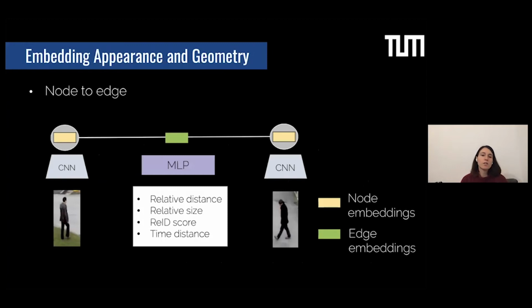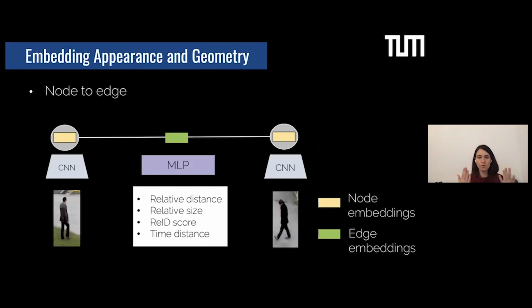So just to briefly talk about what kind of information we put into these embeddings initially, that then, of course, is going to be propagated. As we said, the bounding boxes are going to be encoded by a CNN. So we're going to have image information in there. And the edges, of course, represent connections between bounding boxes. So we want to have some information that cannot be seen from the image.